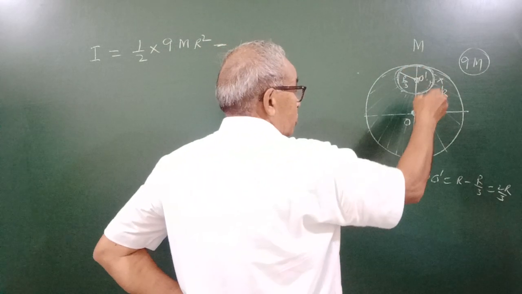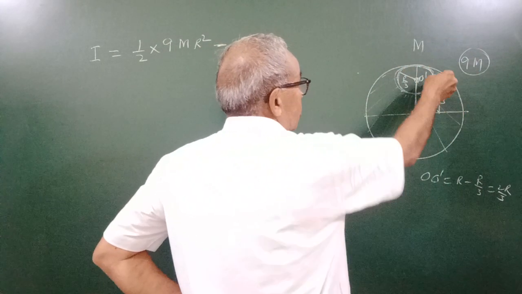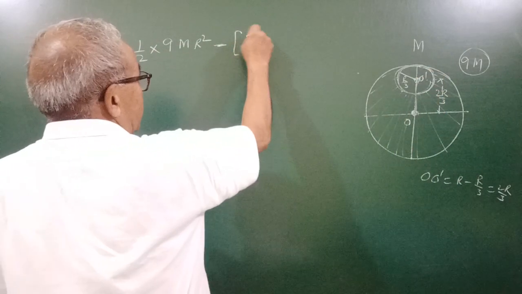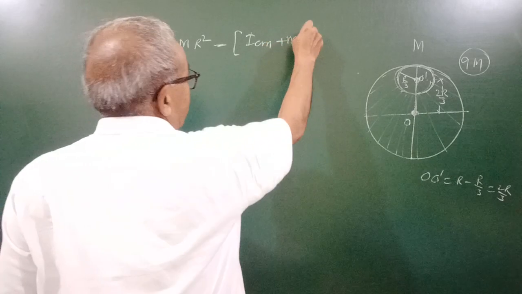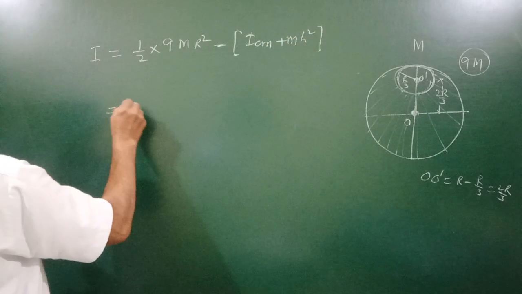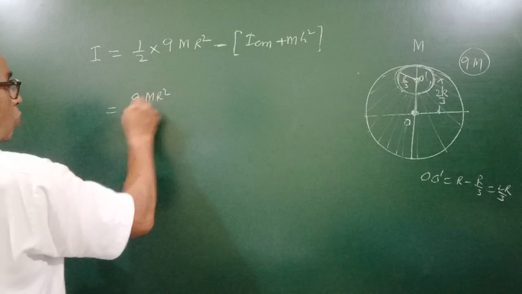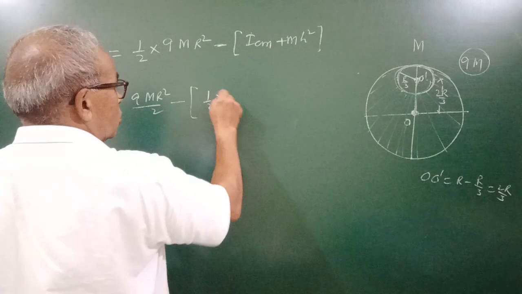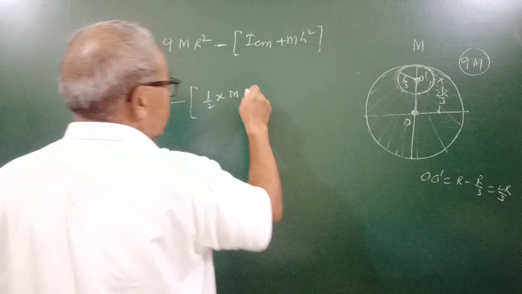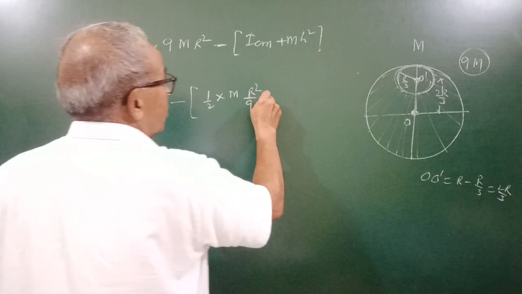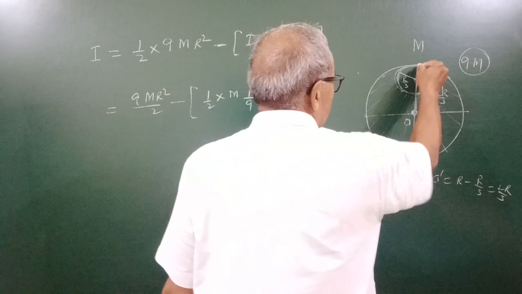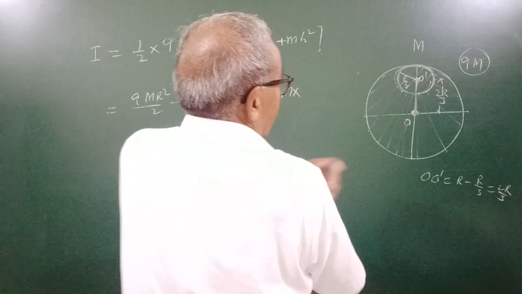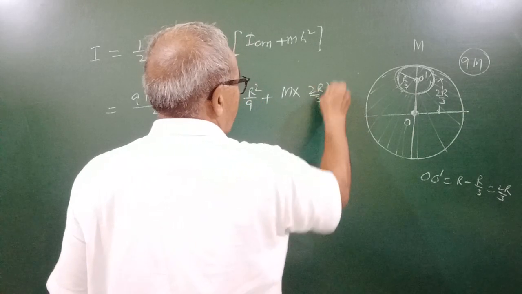Moment of inertia about this axis is equal to moment of inertia through center of mass plus mh square. So it is 9mr square by 2 minus I_CM, which is 1/2 into m into r/3 whole square, r square by 9, plus mh square, with mass m and distance 2r by 3 squared.